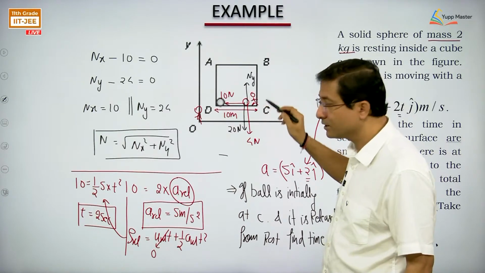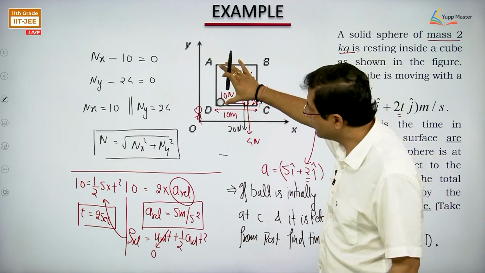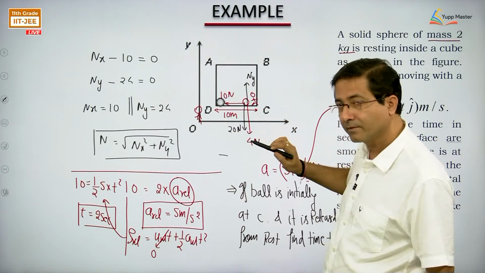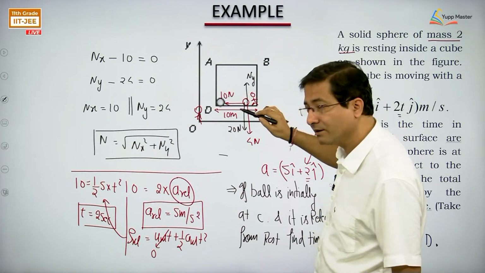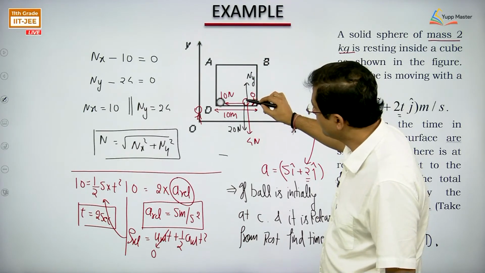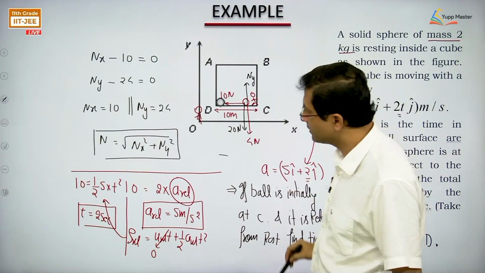Instead of the ball moving this way, actually you are going to observe that the lift is moving in the forward direction. So the ball remains at its location and the lift just goes like this.